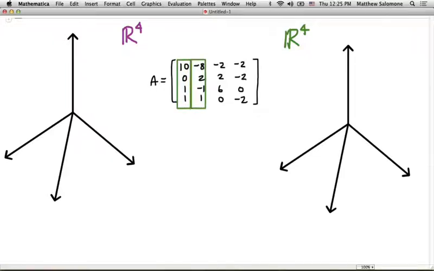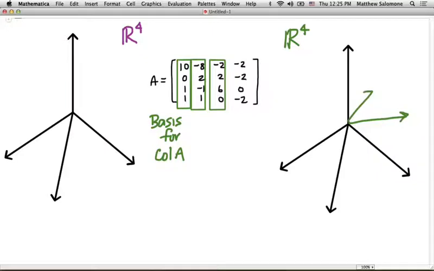So these 3 vectors were a basis for the column space of A. And because they're a basis for the column space of A, those are vectors that live in the codomain. Because they're all b's. The column space of A is a set of b's such that b is equal to Ax, right?